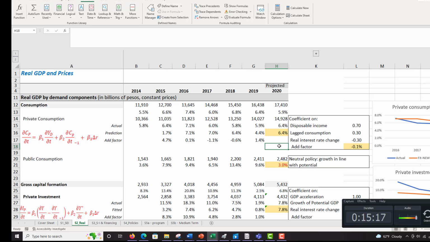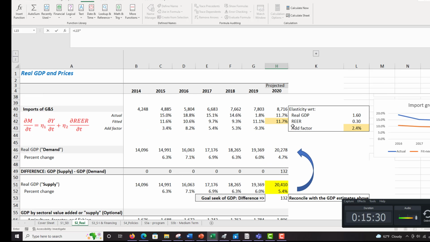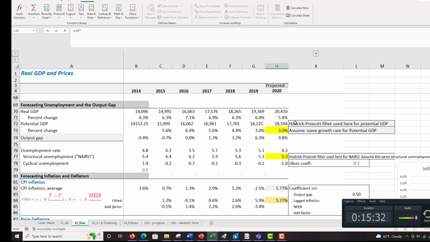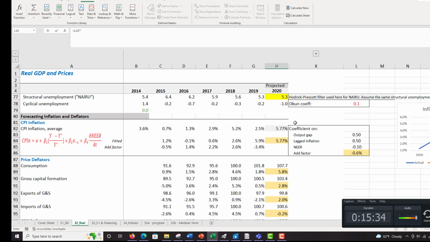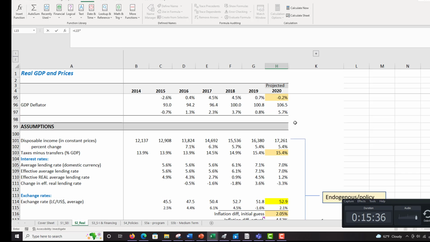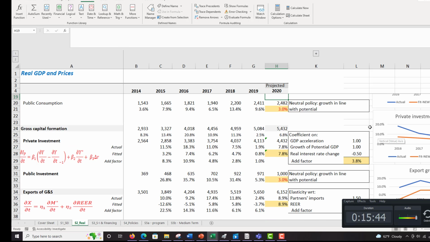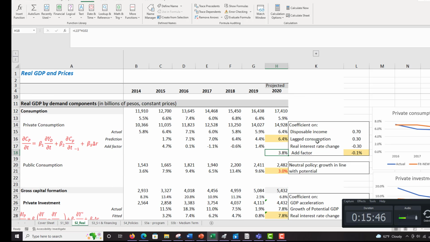So let's see if we can replicate this. So in the first case, we have this times the change in disposable income, and it turns out that the change in disposable income should be somewhere down here. Let's see, disposable income percentage change right here. So that's our first element, okay? And that's actually probably our biggest element right there.